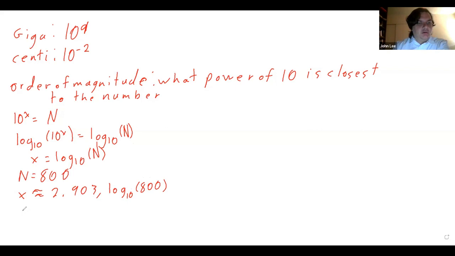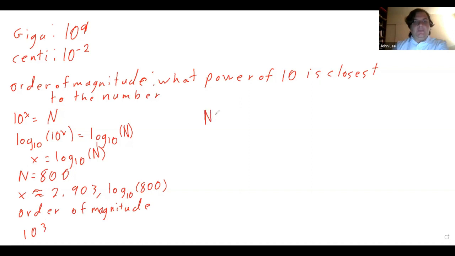So the order of magnitude is 10 to the third because it rounds up to the nearest order of magnitude.